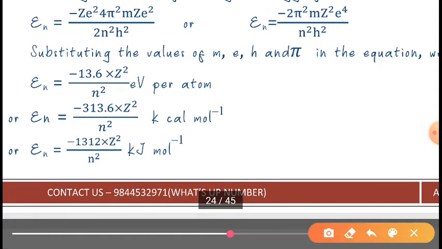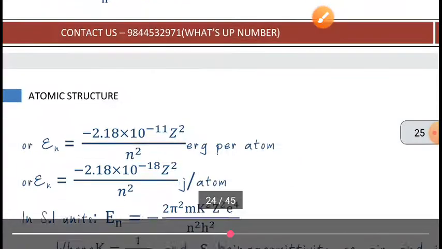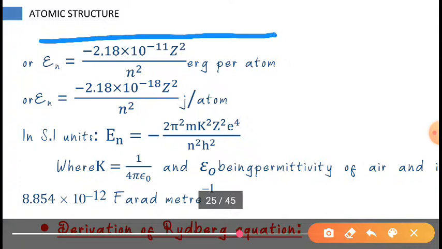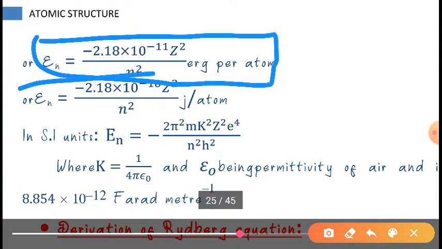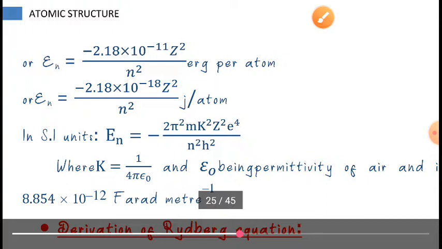If we are calculating in kilocalories, we get this value. In kilojoule per mole, we get this value. In erg per atom or joule per atom, we get these values. So from this, we can easily calculate the energy of an electron.